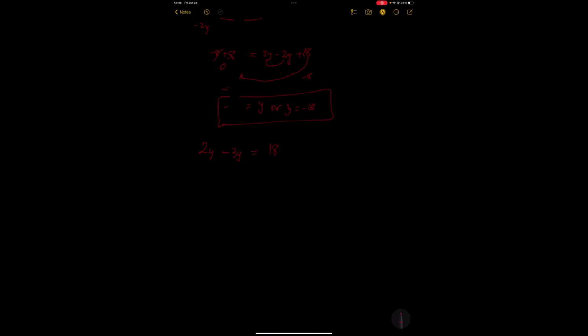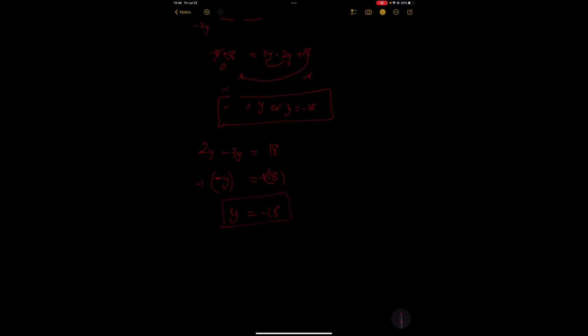Then I would have had minus y equal to 18, and now I would have to multiply both sides by negative 1 to make this positive, and then that would be negative 18.